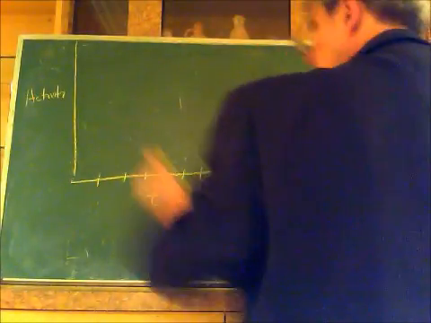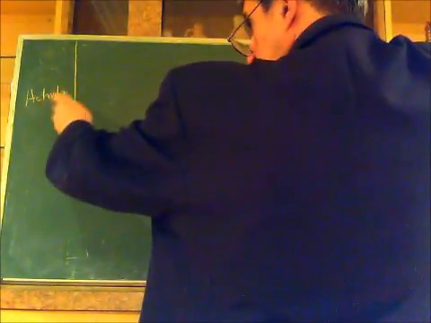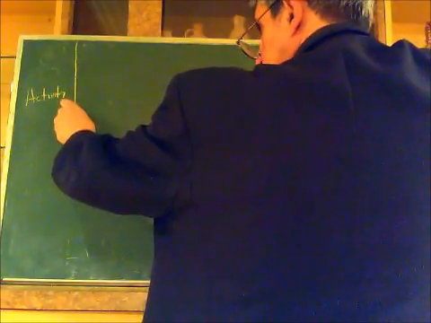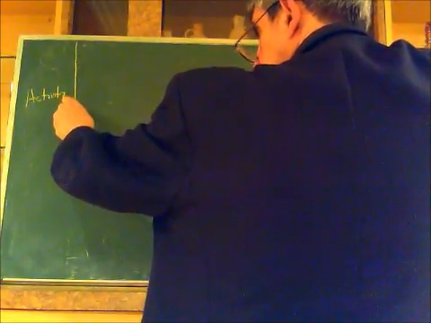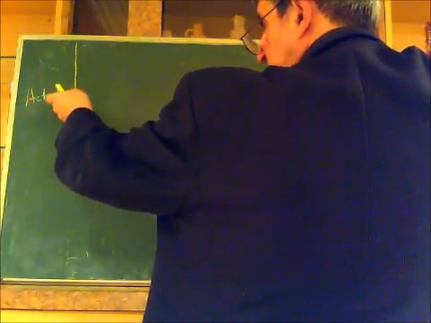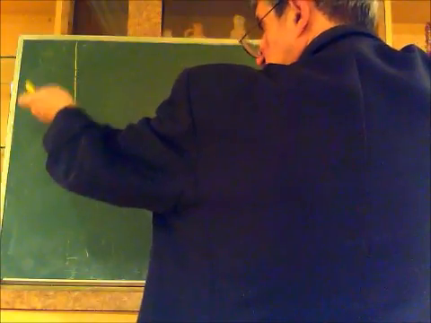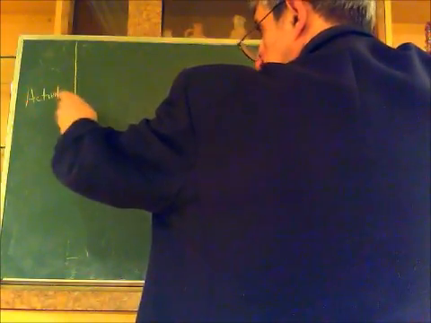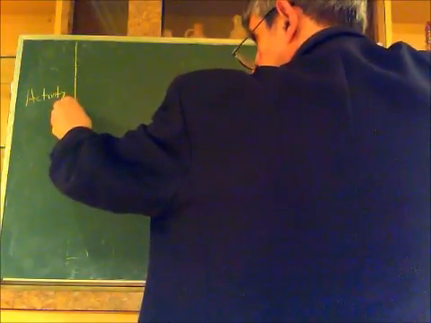Now, we're going to start out with some pure radionuclide that's going to be decaying into something else. And this one's going to have a very long half-life. It could be something like uranium-235, which is hundreds of millions of years, or uranium-238, which is 4.5 billion years.